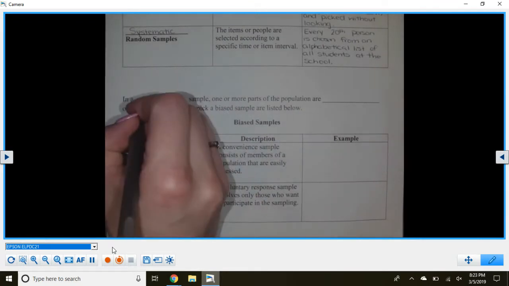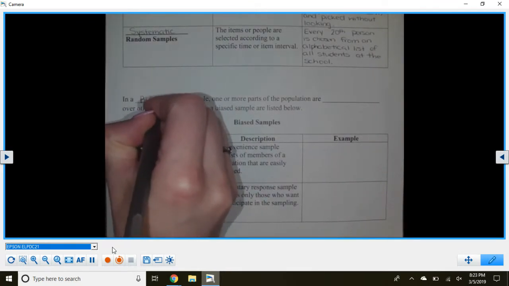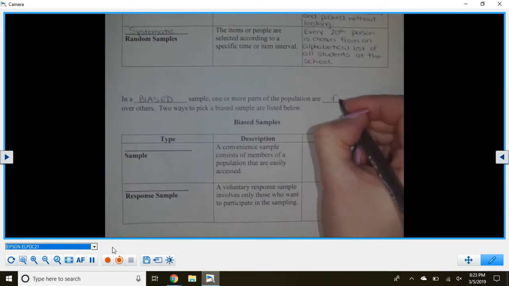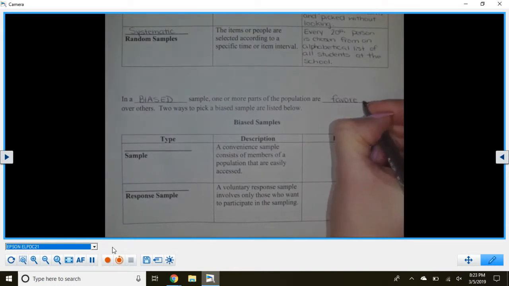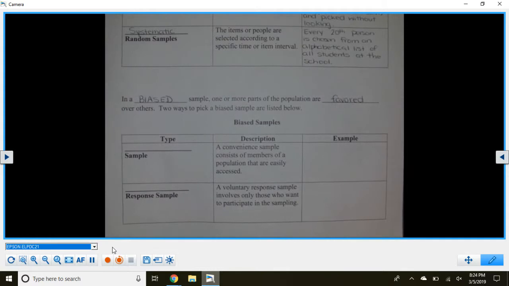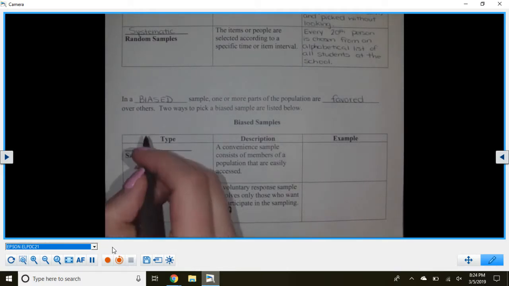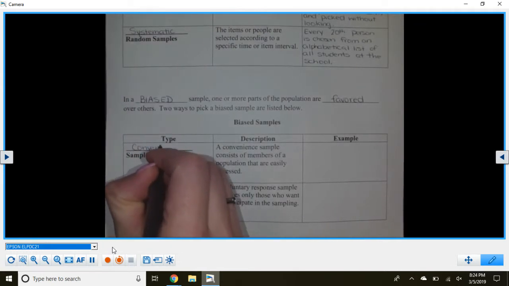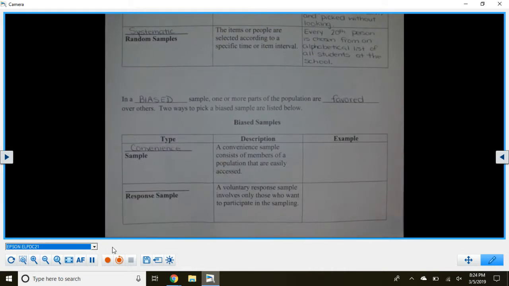In a biased sample, one or more parts of the population are favored over others. 2 ways to pick a biased sample are listed below. The first type of biased sample is called a convenience sample. A convenience sample is described as consisting of members of a population that are easily accessible.